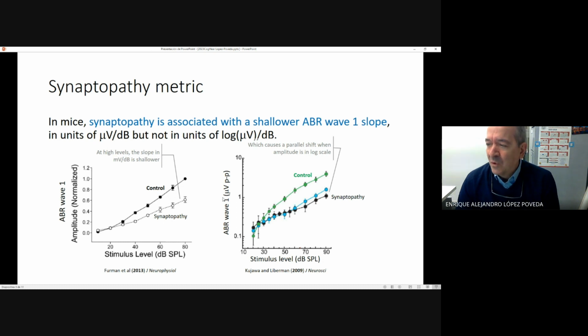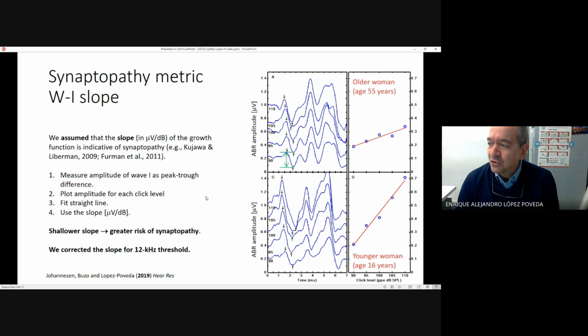And we were careful to use the metric in the appropriate units. If you plot ABR wave 1 amplitude on a log scale, there is no change in the slope over the range of levels that we normally use to measure ABR wave 1 in humans. So instead of using a logarithmic scale, we're actually using the slope in microvolts per dB as our metric for synaptopathy.